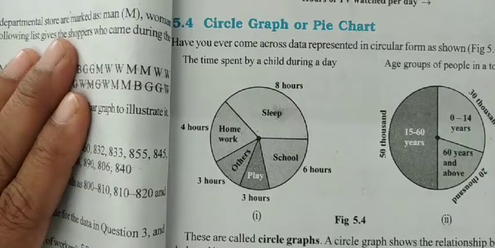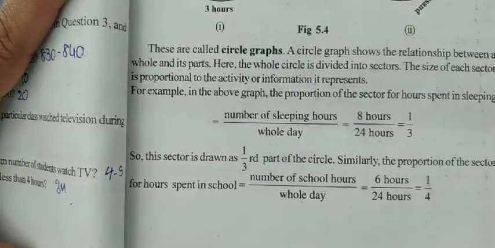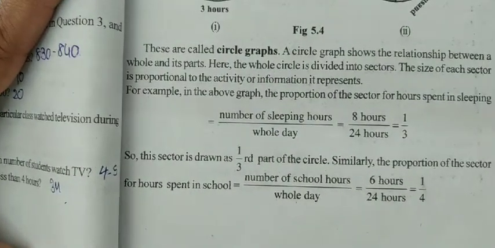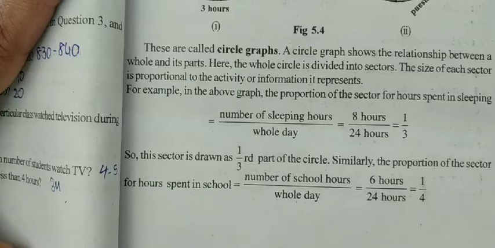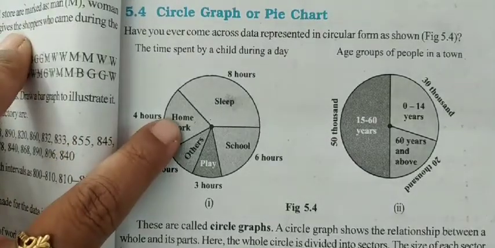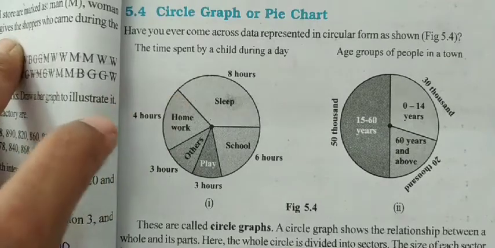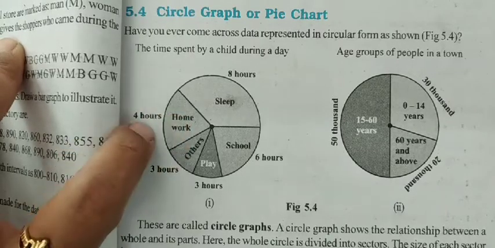You can better understand with the first pie chart, because the example is given to you. For sleeping hours you got 8 upon 24, 1 by 3. Now that is 1 by 3 part of the whole circle covered by the sleeping hours. Then homework. What proportion of the time does the child spend on homework? 4 hours.